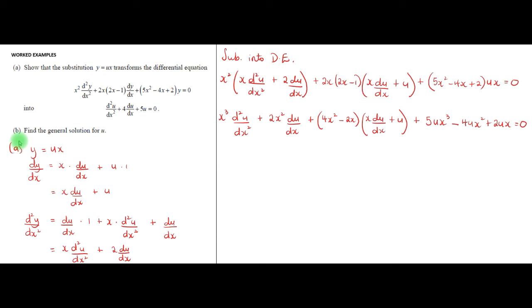All right, some more expansion. That is 4x cubed.